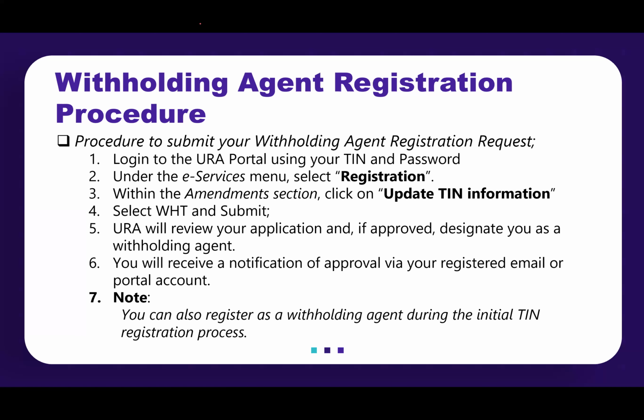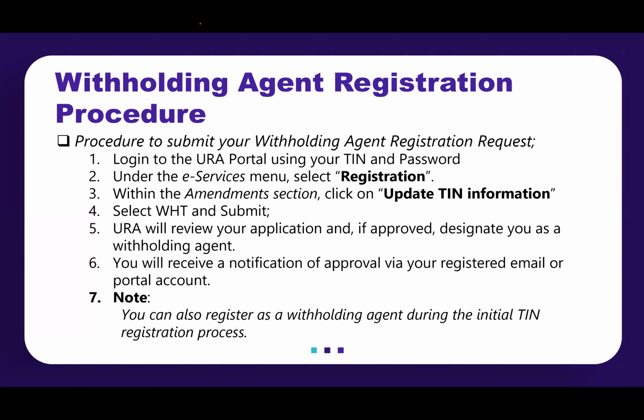However, you can still do it from the onset when you're registering the client for taxes. So you can also register as a withholding agent during the initial TIN registration process. It can also happen there. So that you also select withholding, because automatically you fall in that category.